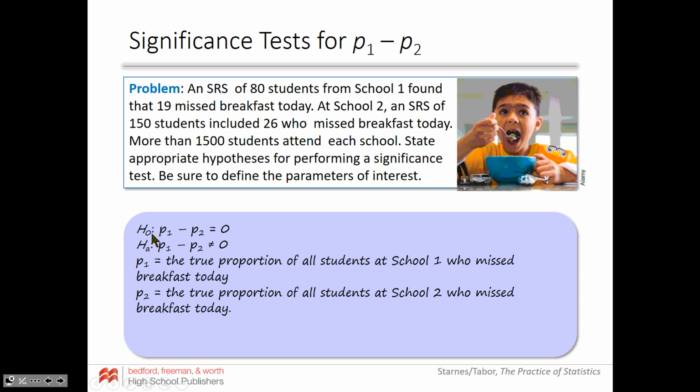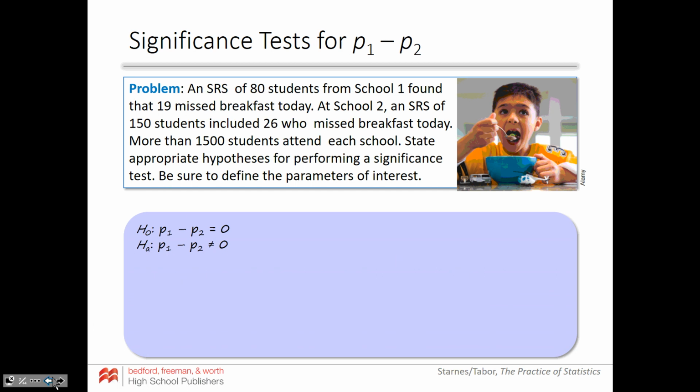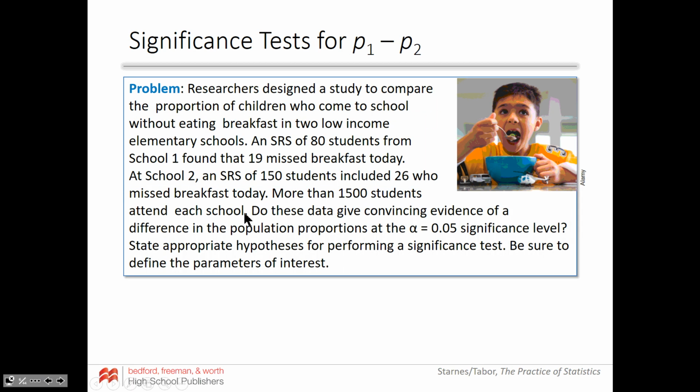That's our H0, our null hypothesis. Our alternative hypothesis, HA, is that there is a difference, because they don't really specify. If I go back to this question, they don't say, I think school 1 has more students who miss breakfast or whatever, right? They're saying, do we have convincing evidence that there's a difference?